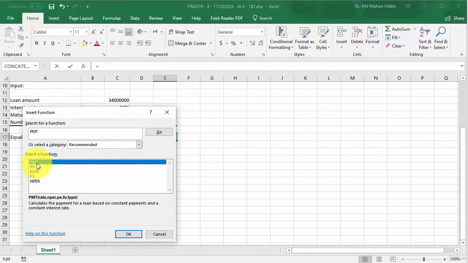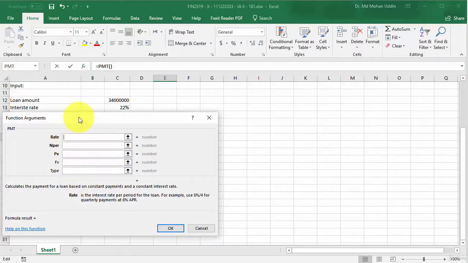Okay, fine, we have got PMT here. You can see the description of the function: it calculates the payment for a loan based on constant payments and a constant interest rate, which is the case we are going to solve now. Okay, let us click OK when the PMT is selected.